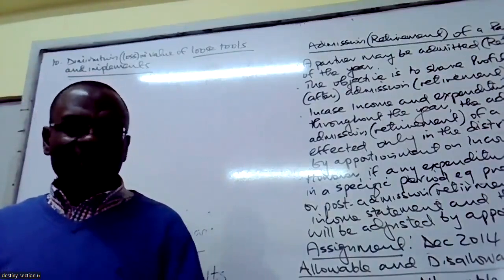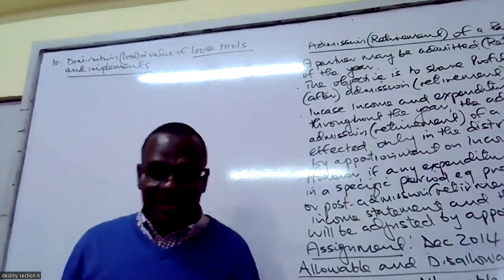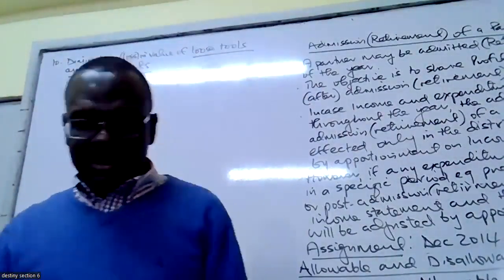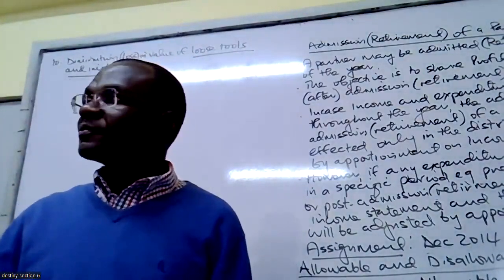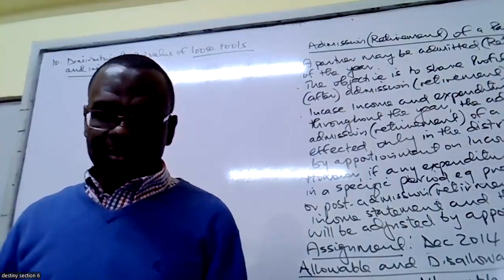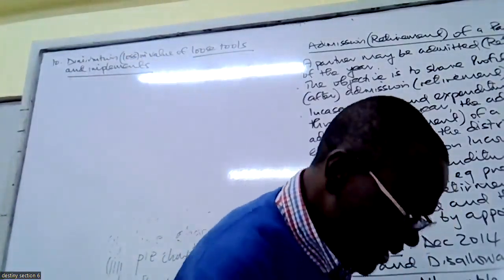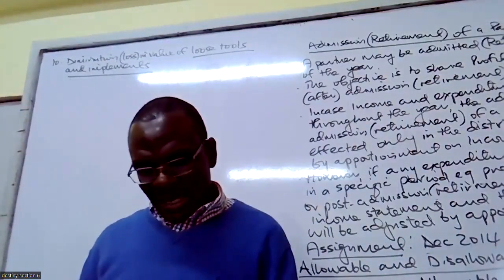Again, you'll provide 10% on a reducing balance. In a farming business, loose tools will be things like spades, rakes, pangas, and so on. So that's what you'll be providing, 10% per year on a reducing balance.